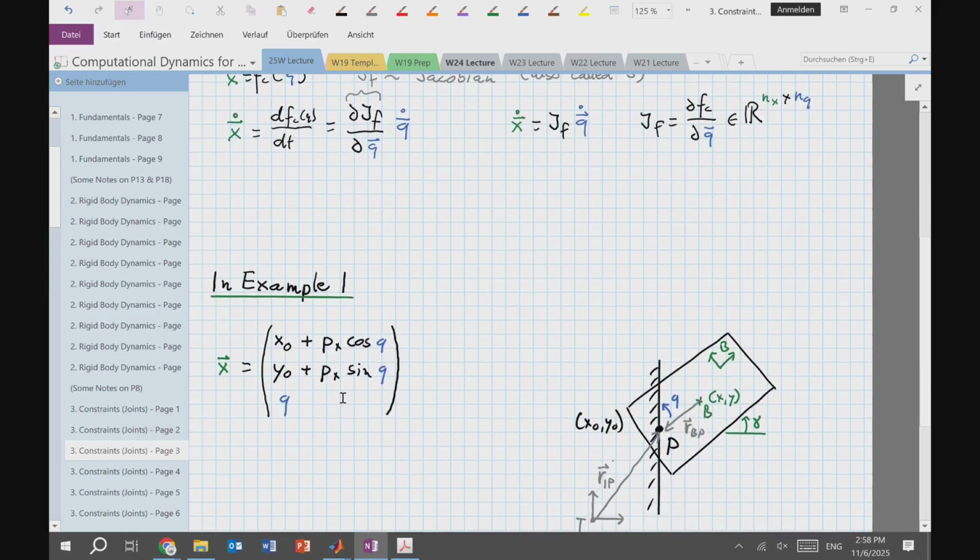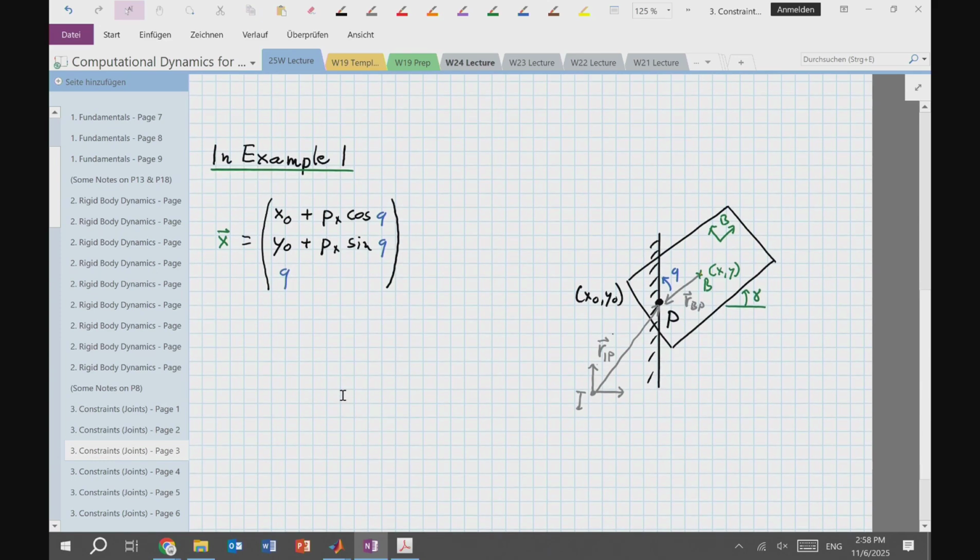I want to first do the example. So x equals, that was our explicit constraint. So I now need the constraint Jacobian. So x dot equals now a constraint Jacobian. So the partial derivative of this function against q, in this case that's not going to give us a matrix because q is one-dimensional. But what's the partial derivative of this vector against q?